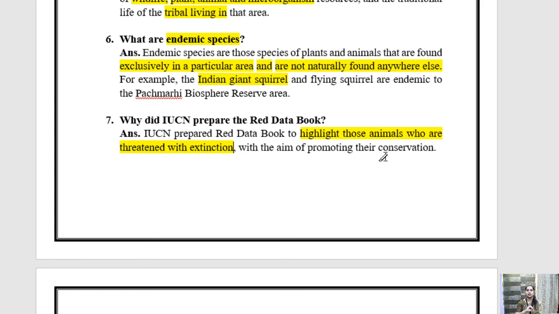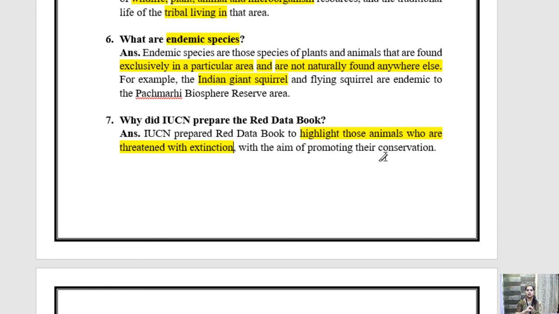Question number 1. List 4 ways in which forests are useful to us. So there are many ways in which forests are useful to us. We have to list only 4. So first is they yield valuable products like timber, wood, wood pulp, latex, etc. This we know.